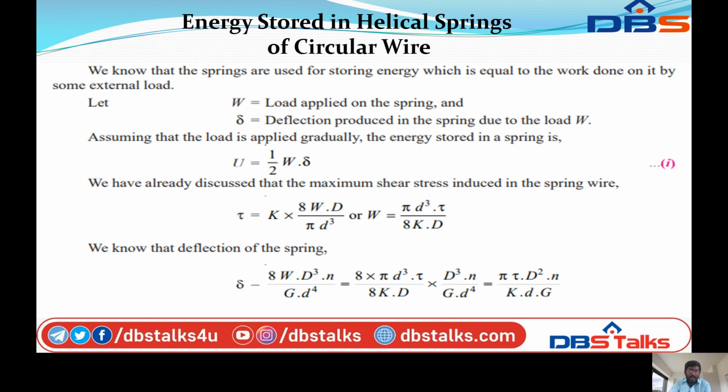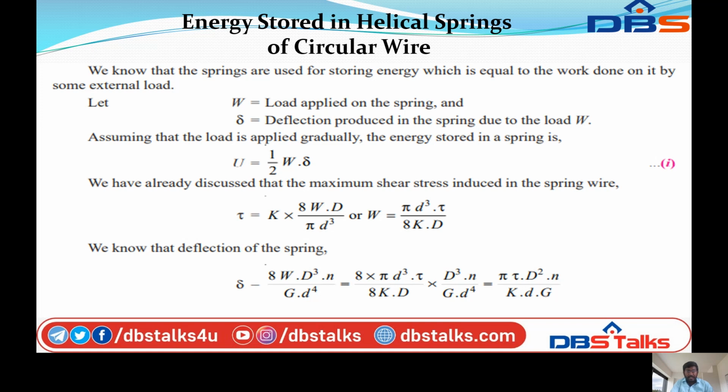We have already discussed that the maximum shear stress induced in the spring wire is tau = K × 8 × W × D / (pi × d cube), or W = pi × d cube × tau / (8 × K × D). We also know that the deflection of the spring is delta = 8 × W × D cube × N / (G × d power 4).